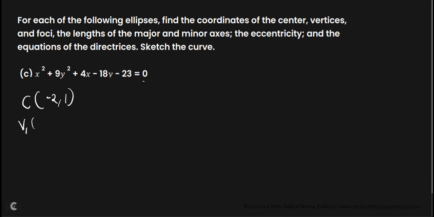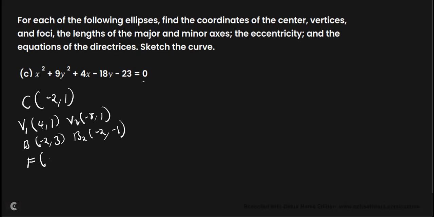Then the vertices that we had were 4 comma 1 and negative 8 comma 1, and also the other ones, negative 2 comma 3, then negative 2 comma negative 1. Then the foci that we had were negative 2 plus or minus 4 root of 2 comma 1.